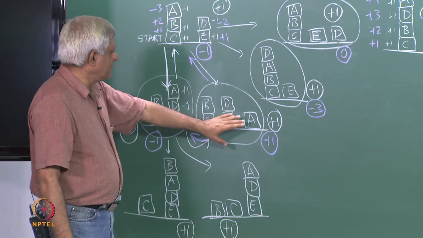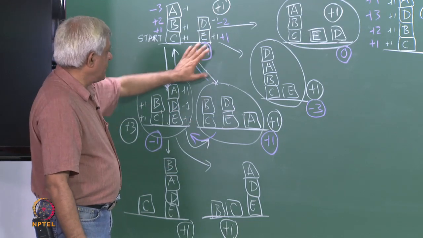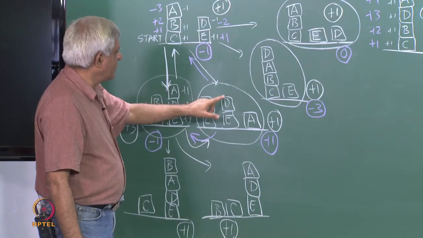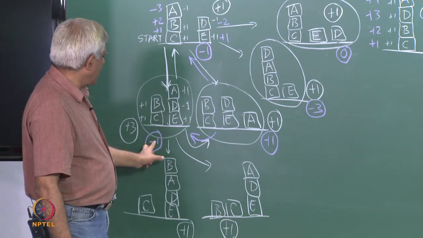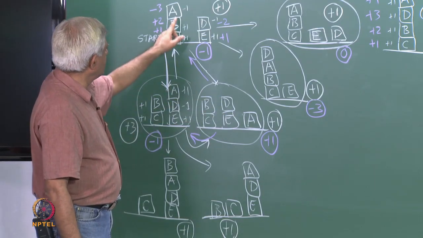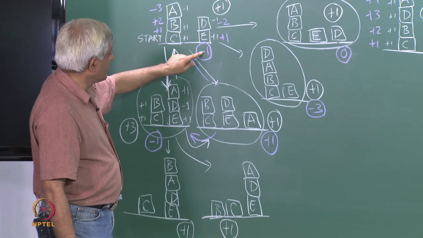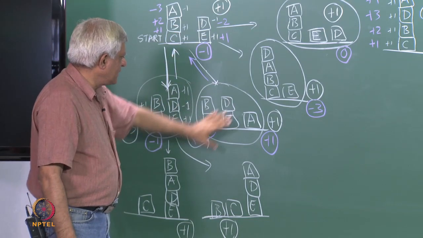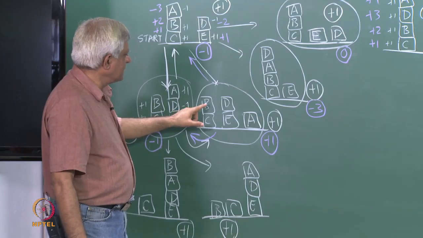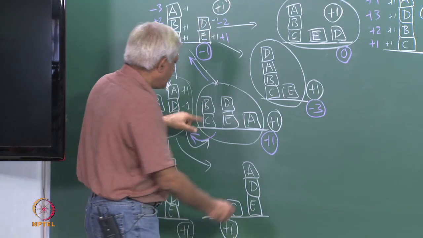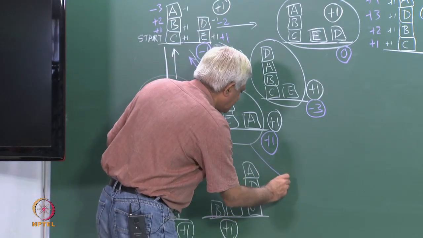So, it is not going to pick up A and do something with it. A could have been put on D, which is going to take it to a bad state, or it could have been put back on B, which is also going to take it to a bad state. So, what about the other possibilities? It can either pick up B or it can pick up D. So, let us first take the B case.